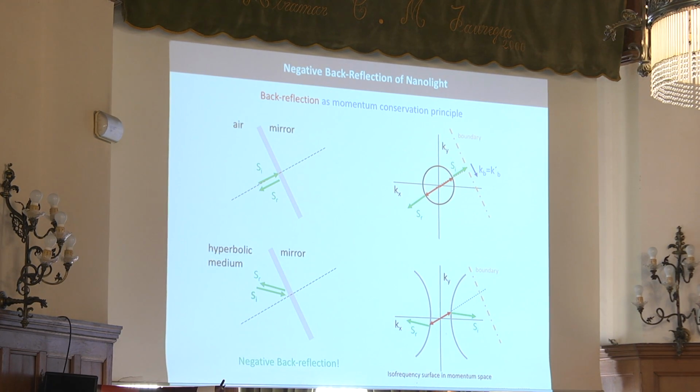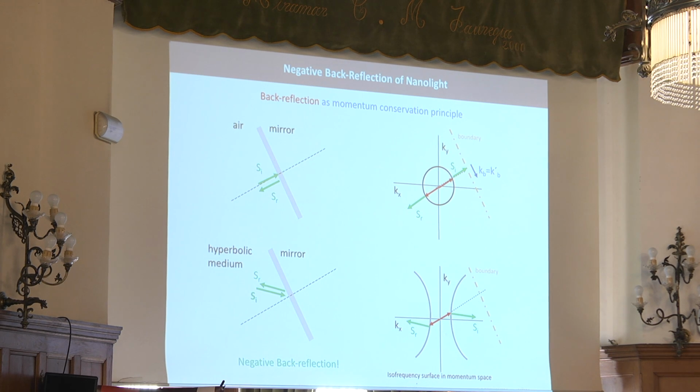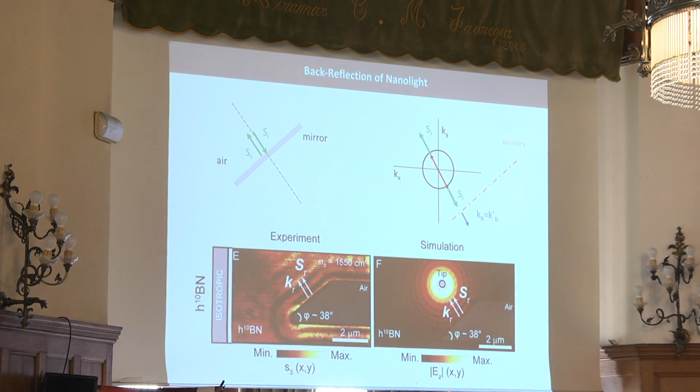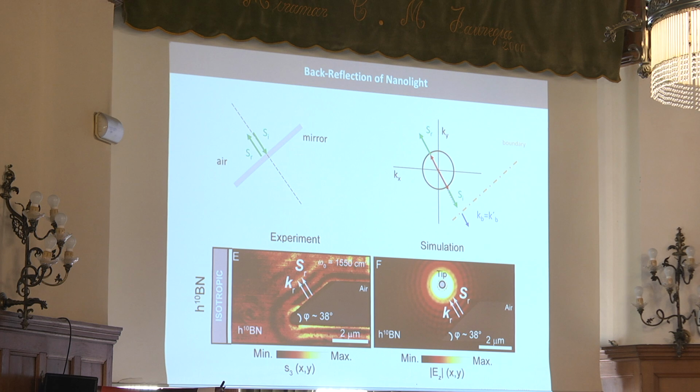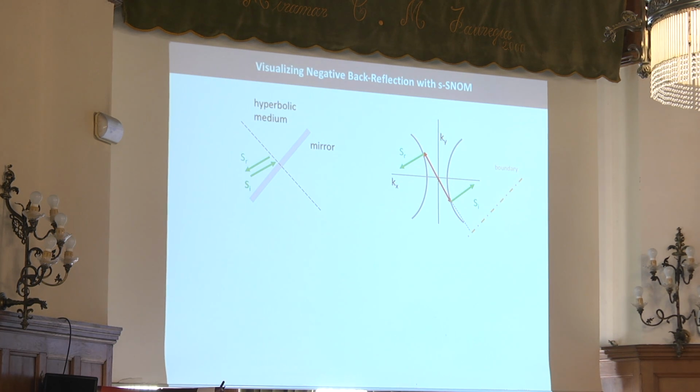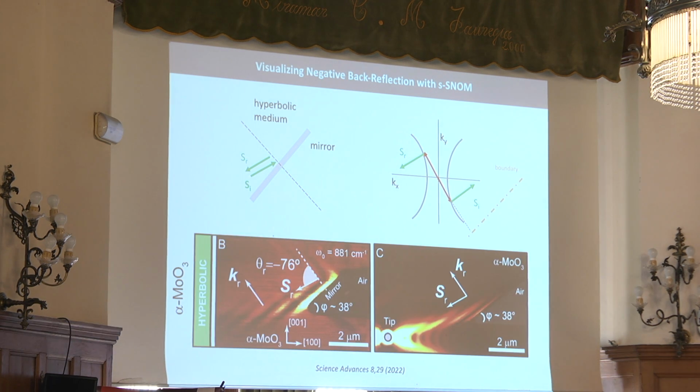Therefore, we decided, okay, let's try to measure this. We tried first with hBN. We made the mirror by just milling away some part. And here you can see that everything is normal, the normal hotel. But now, let's go to this hyperbolic medium. Now we see this kind of strange behavior. This is the mirror in MoO3, and then we put the tip.